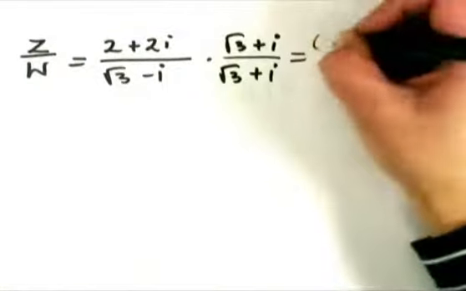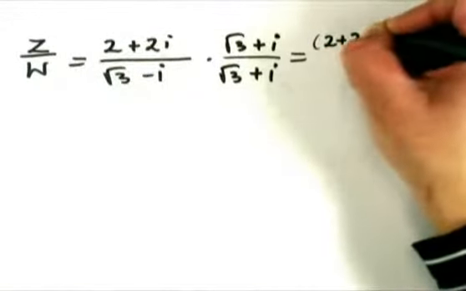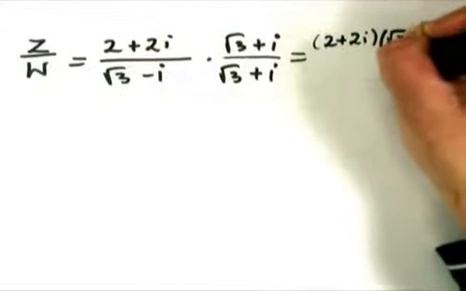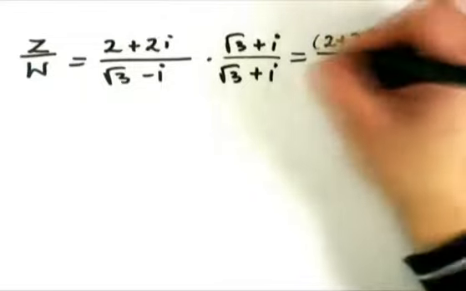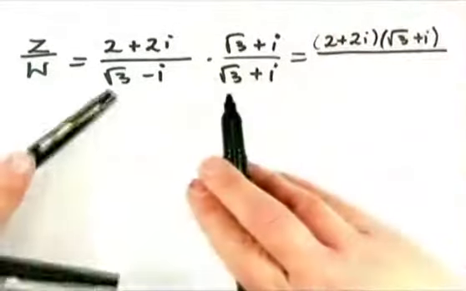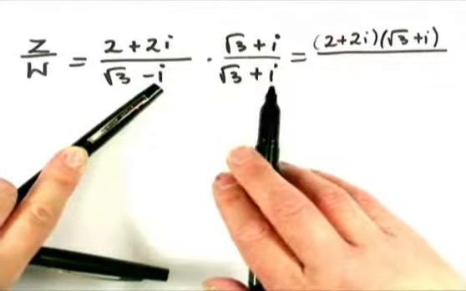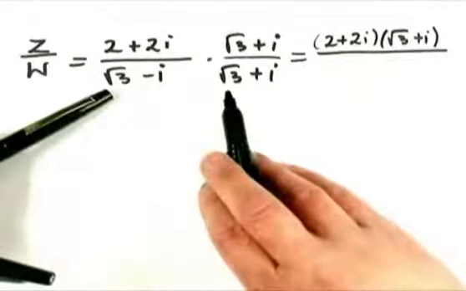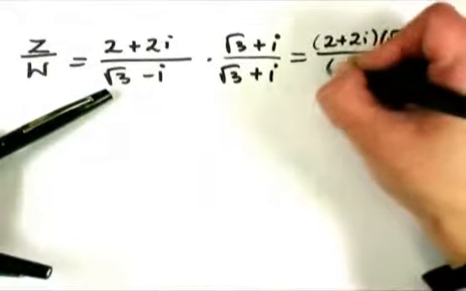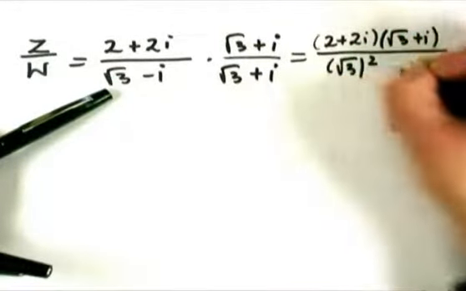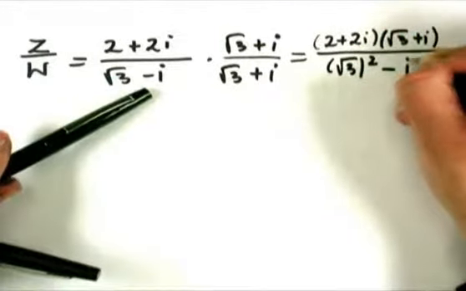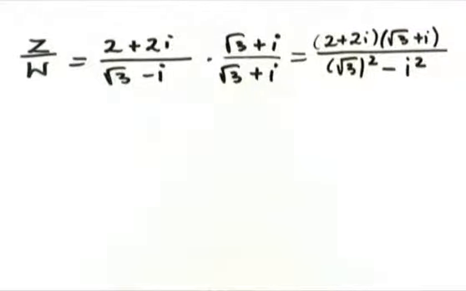We write this as a product on top, 2 plus 2i times root 3 plus i, and on the bottom I have a minus b times a plus b. So we can apply that this is a squared, which is root 3 squared, minus second squared, i squared.